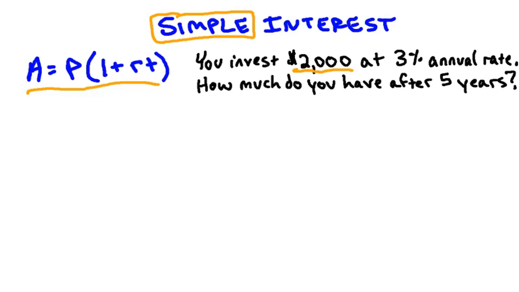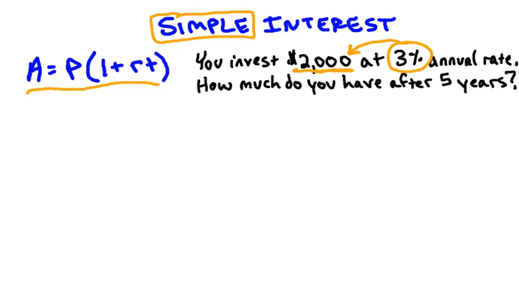You invest it at a simple interest of 3% annually. That just means the bank takes 3% of that original $2,000 and every year they add another 3% of that $2,000 onto your account.